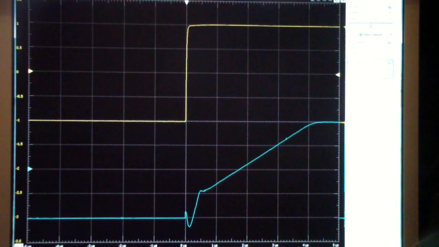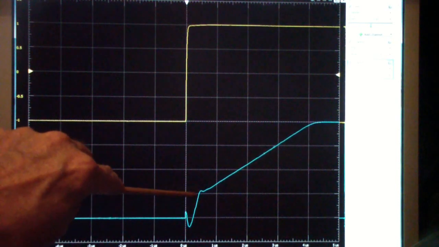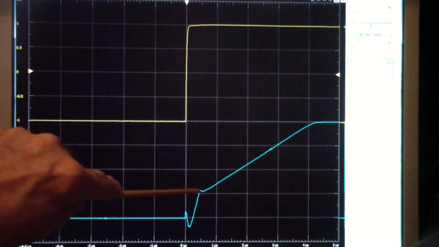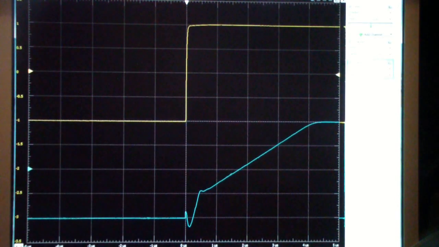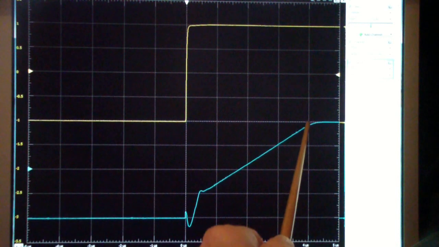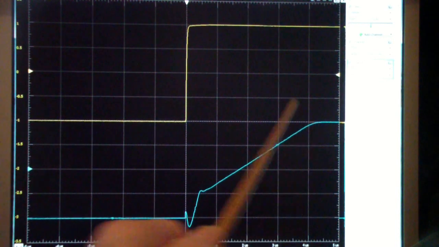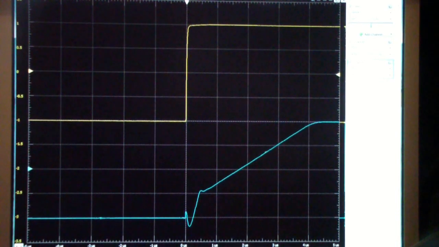That is common in amplifiers, and that's because the current source in the amplifier is quickly charging the capacitor. But then it becomes a simple RC time constant from that point till the time it reaches the maximum. Now you notice that it's taking a little over 4 microseconds to reach the full value.